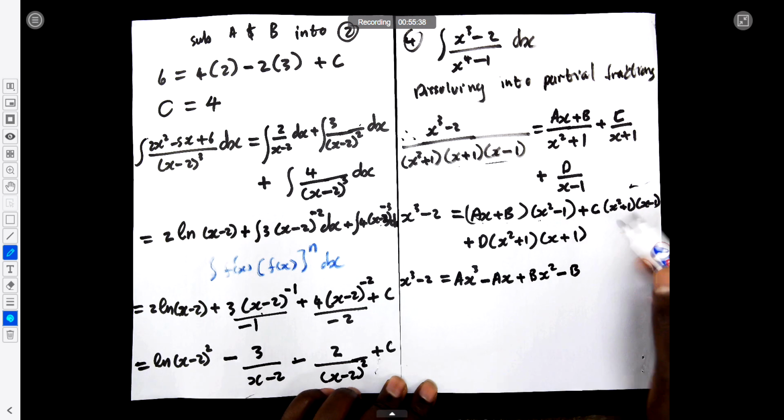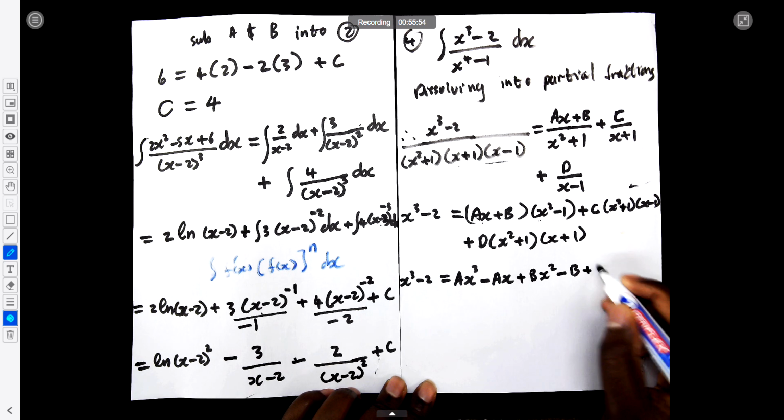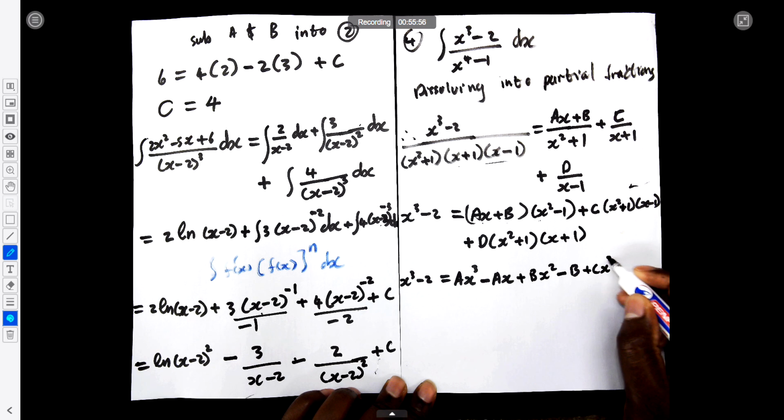And therefore, for the other one now, we have two brackets, so to say. So what we're going to do, we're going to say x squared times x, it's x cubed, isn't it? Therefore multiply by c. So we have cx cubed.